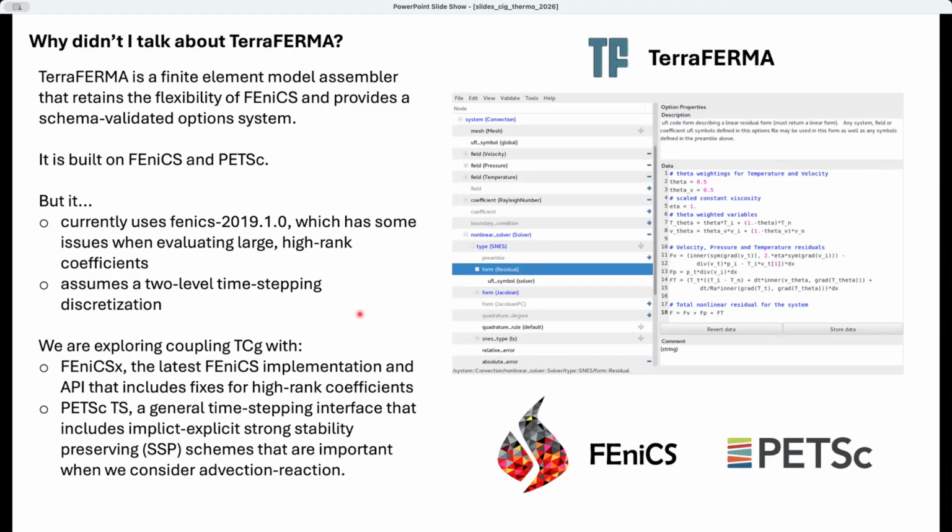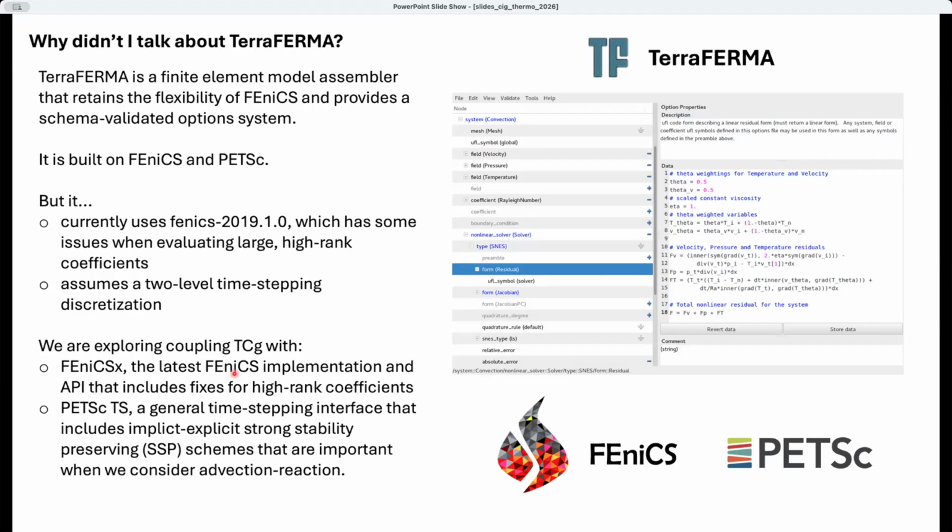So we've been exploring coupling ThermoCodegen with FEniCS-X, which is the latest FEniCS implementation, and with a different API to FEniCS 2019, and that includes fixes for those high rank coefficients. And we're using PETSc's time stepping interface, PETSc-TS, to allow us access to some of these implicit, explicit, strong stability preserving schemes.